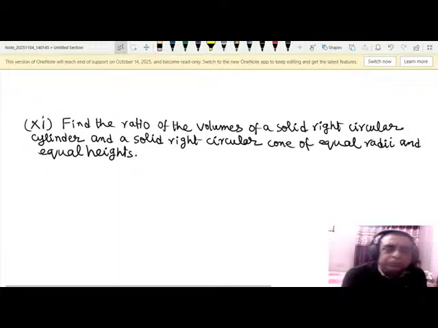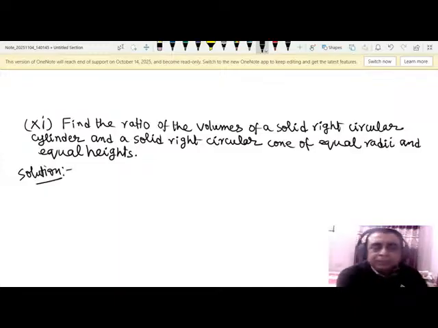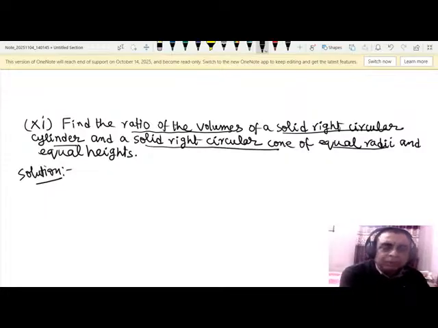Now we are moving to the next question, number 11. Now you please pay attention. Find the ratio of the volume of a right circular cylinder and a right circular cone of equal radii and equal height.